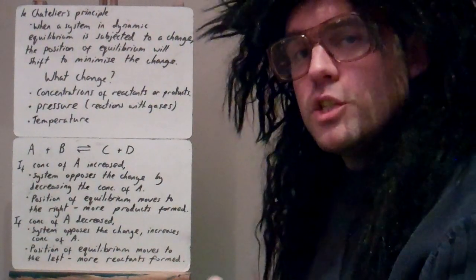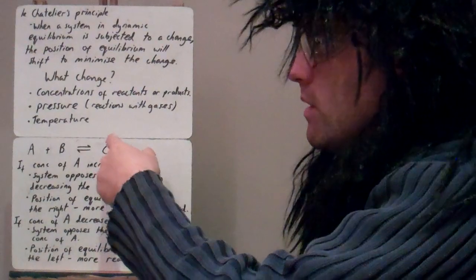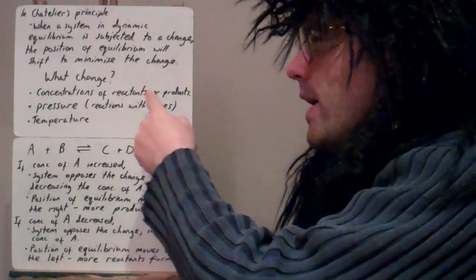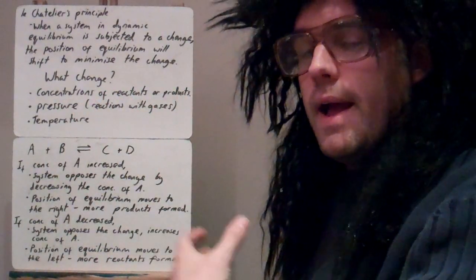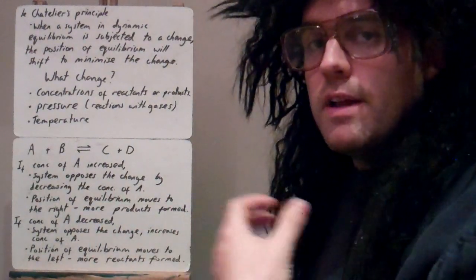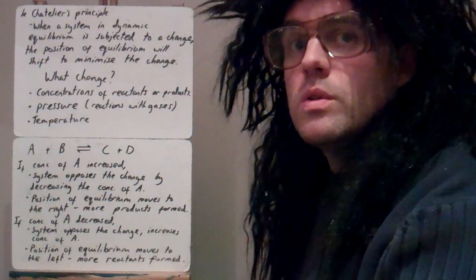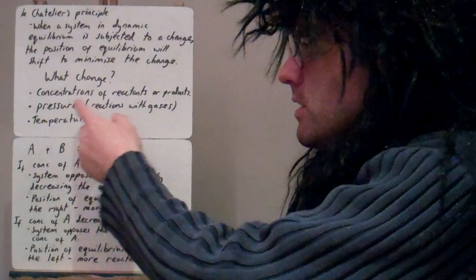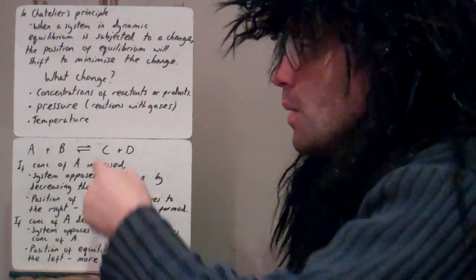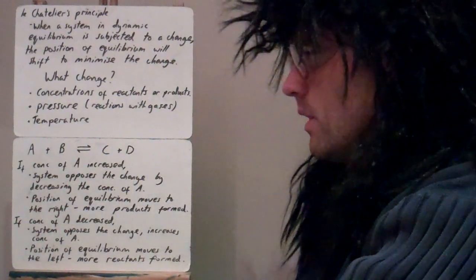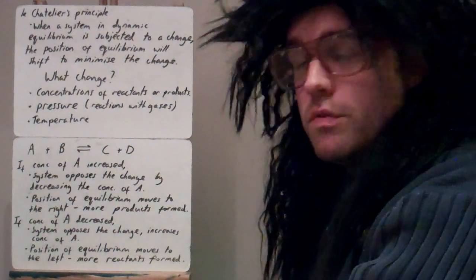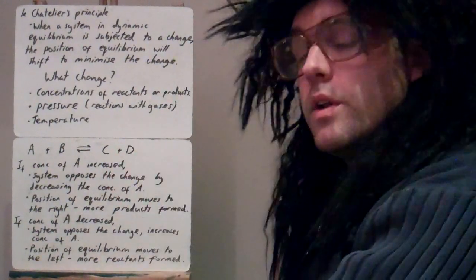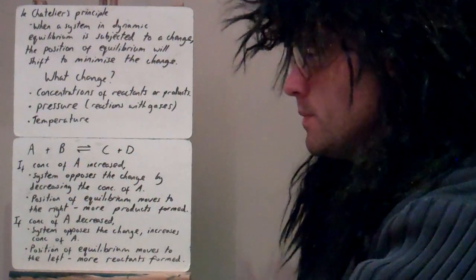So what can change it then? There's three main things here. Concentrations of reactants or products. We could add a reactant or take a reactant away, or add a product or take some product away. So we're affecting the concentrations. Pressure. We can change the pressure. This is just looking at reactions with gases, obviously. And temperature. We could change the temperature of the reaction.